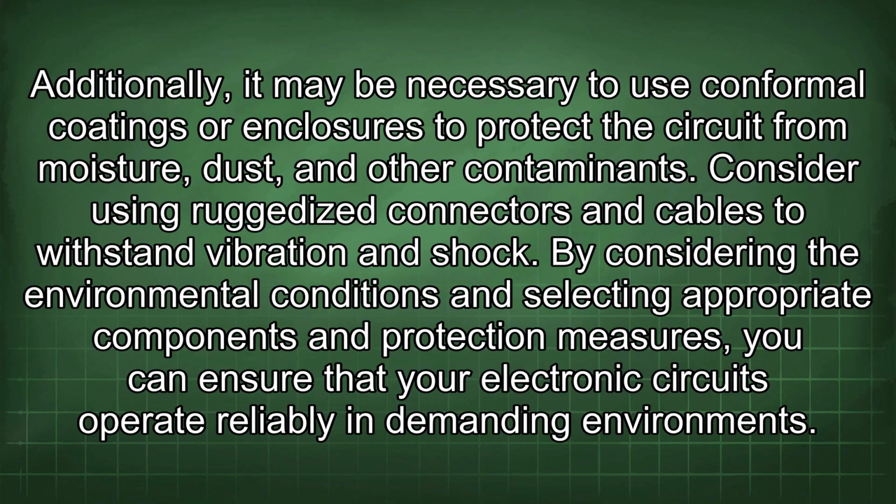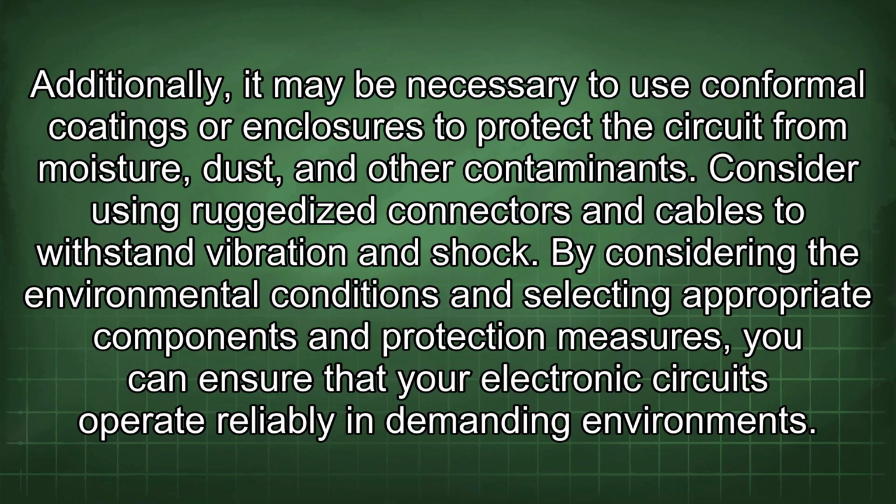Additionally, it may be necessary to use conformal coatings or enclosures to protect the circuit from moisture, dust, and other contaminants. Consider using ruggedized connectors and cables to withstand vibration and shock. By considering the environmental conditions and selecting appropriate components and protection measures, you can ensure that your electronic circuits operate reliably in demanding environments.